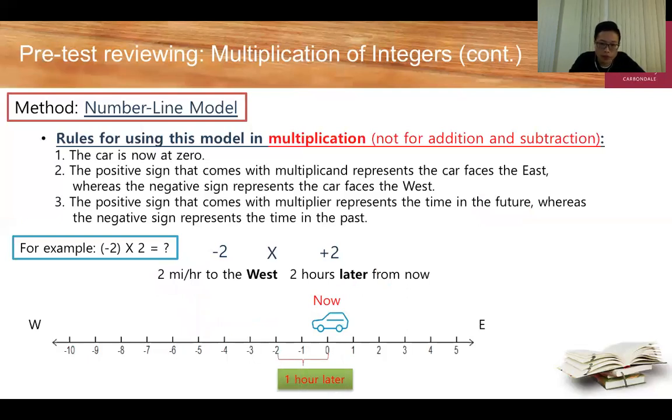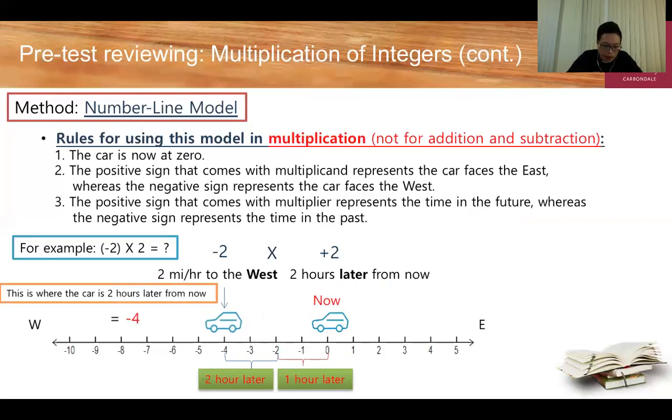We start from the first hour later, the car will be at -2 position. And 2 hours later, the car will stop at -4 position, right? So this is where the car is 2 hours later from now, which is -4, okay?